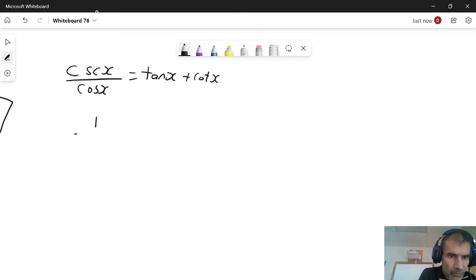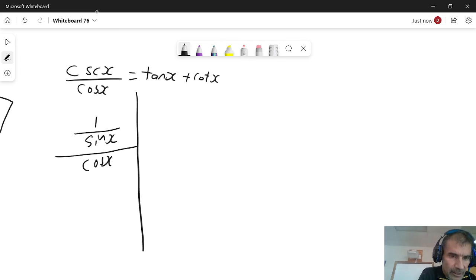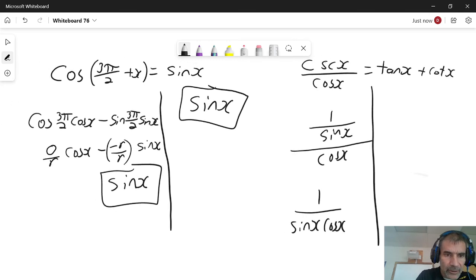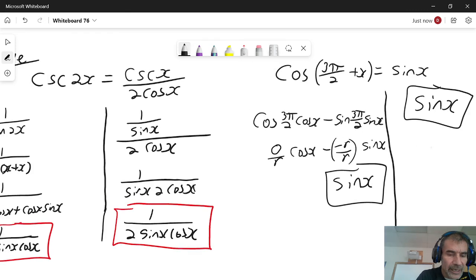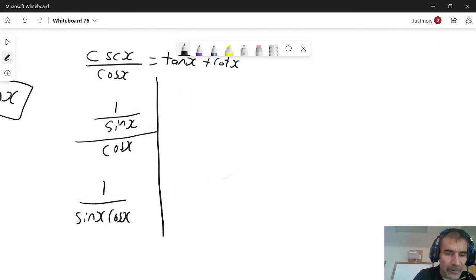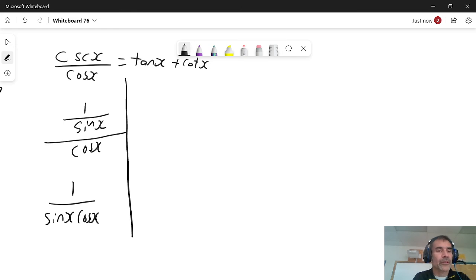So I've got 1 over sine x on the left divided by the cosine of x. So this is 1 over the sine of x times the cosine of x, for the reason outlined earlier about dividing by fractions. I think I erased that. You can back up the video if you need a little more support in terms of fractions over fractions.